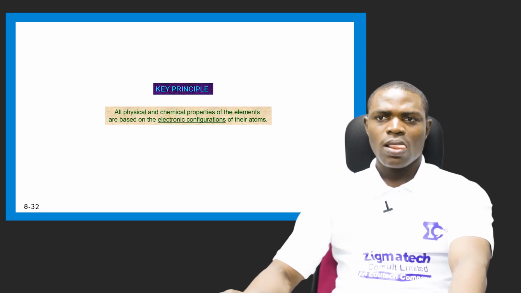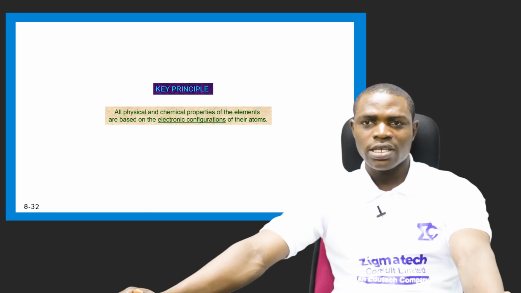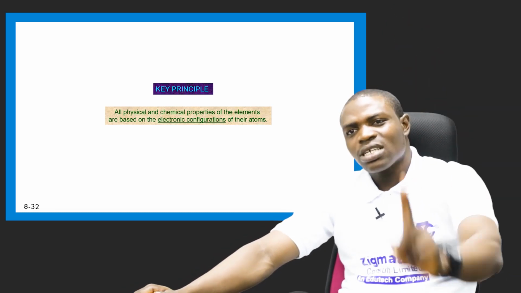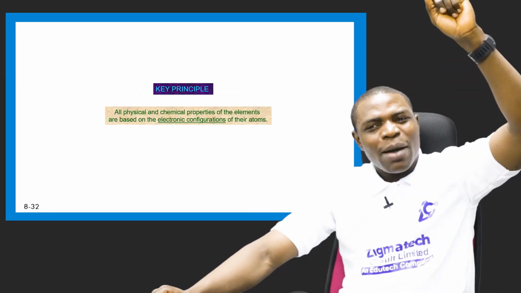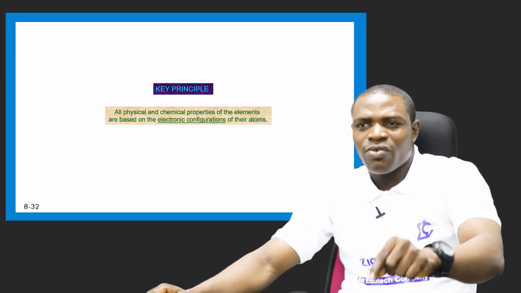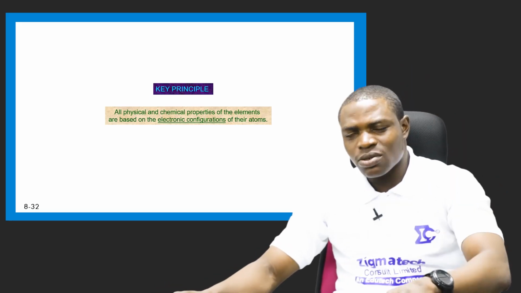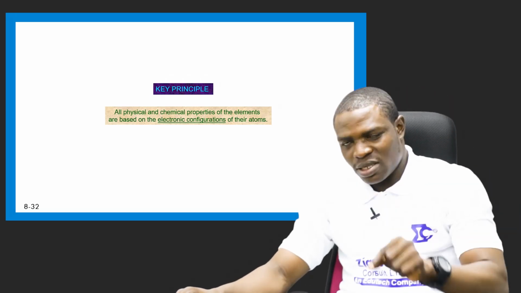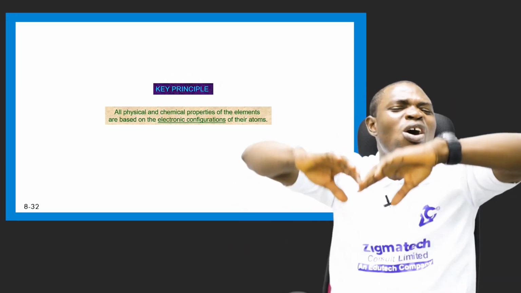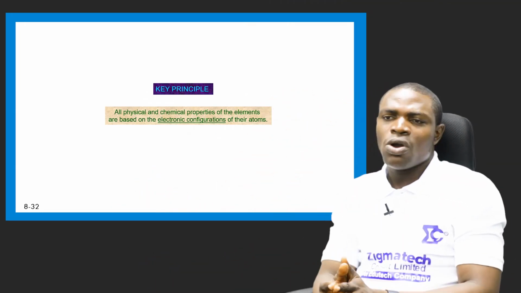So finally, what is the key principle? Please hear this and hear it well. All physical and chemical properties of the elements are based on the electronic configuration of their atoms. Can I say this again? All physical and chemical properties of the elements, they are all based on the electronic configuration of their atoms.